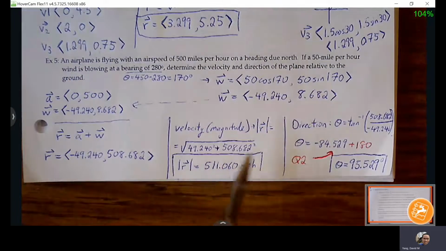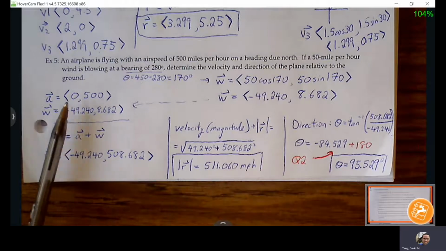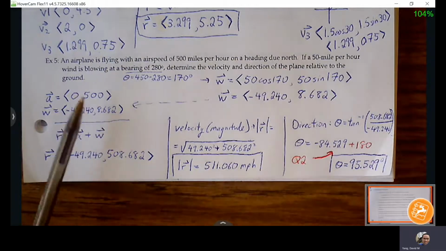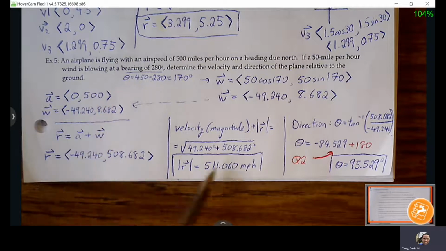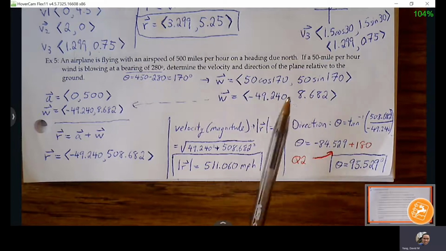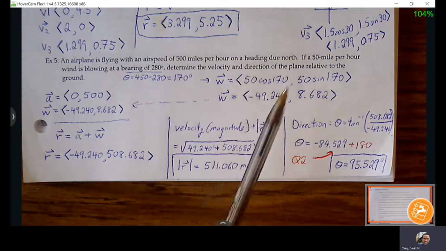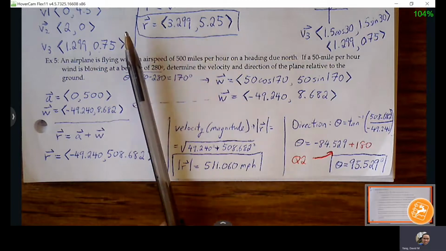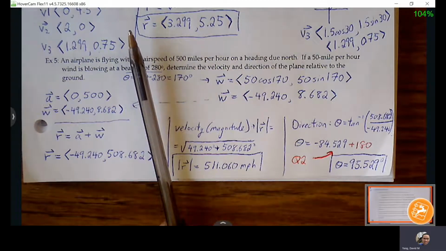That's how fast the plane ends up going, because the wind is kind of pushing it, increasing its velocity. But the direction is also changing, right? It's aimed at north, but because of the wind, it's going to get pushed a little bit out to the west, 95 degrees.